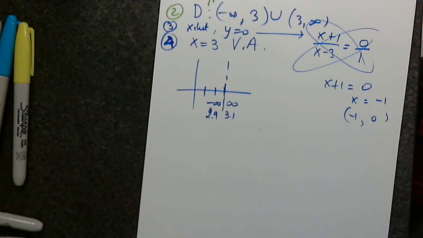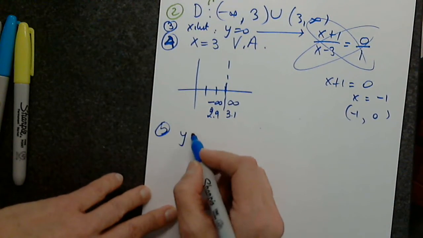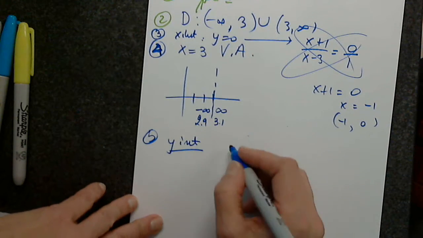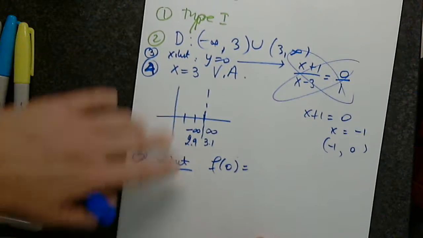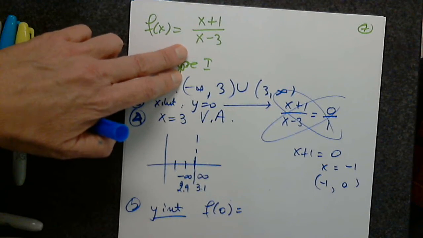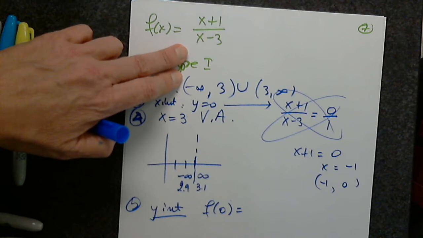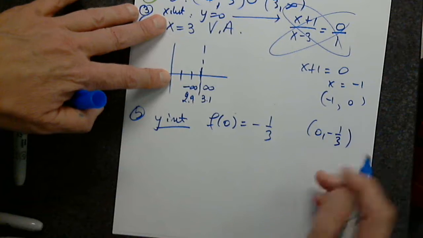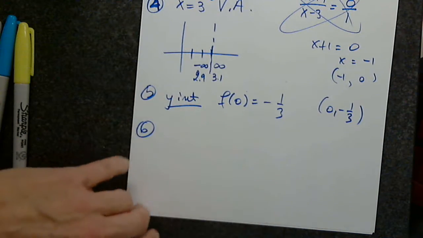So the y-intercept. How do I determine the y-intercept for any function? Very good. So let's plug in 0. What do we get? Yes, negative 1/3. So the ordered pair is this. Now number 6.